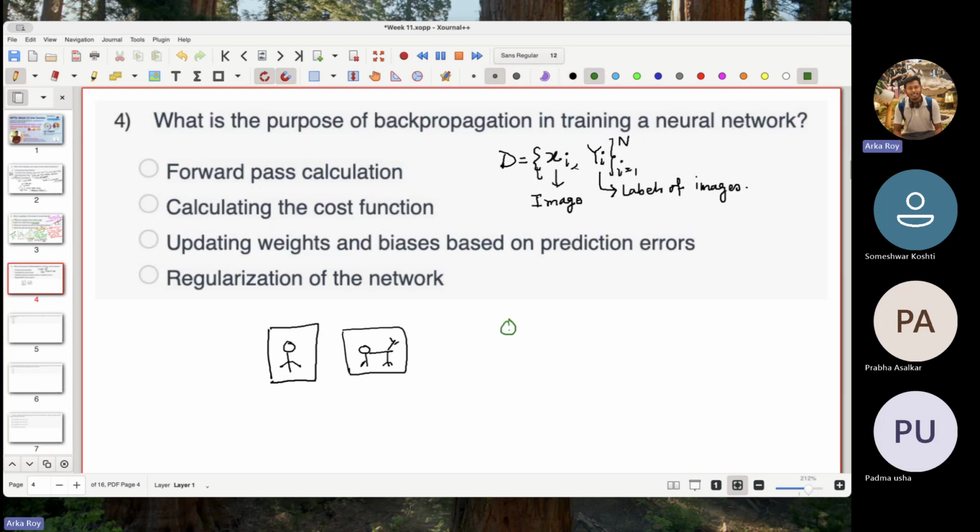Now let's say you have a multi-layer perceptron neural network architecture. Let's say there are two hidden layers. This is the output layer.